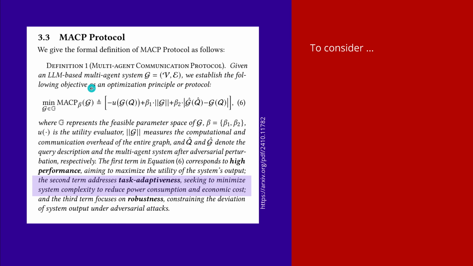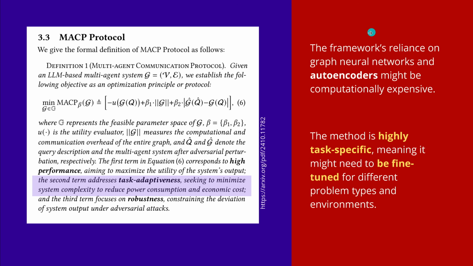As you can see, this optimization principle for our multi-agent communication protocol is nice, but it is task specific, LLM specific, domain specific, and knowledge specific. So what you should consider, and that's why it's in red here, is that this framework's reliance on the graph neural network and the autoencoders might be computationally really expensive because the system needs to learn.